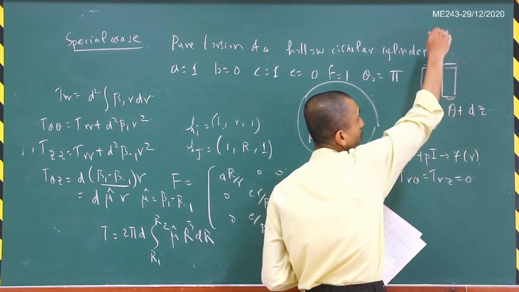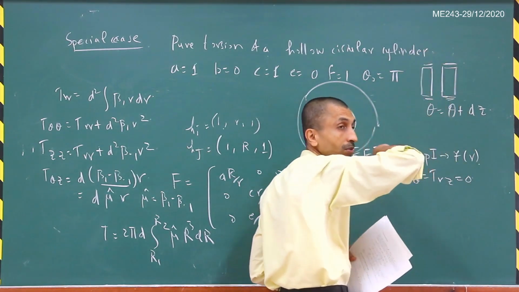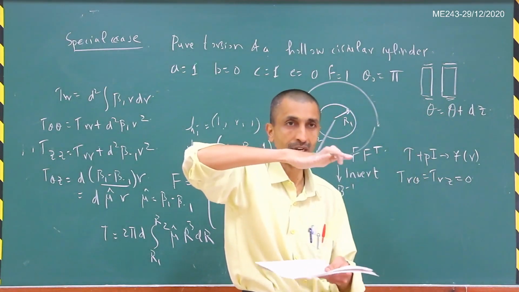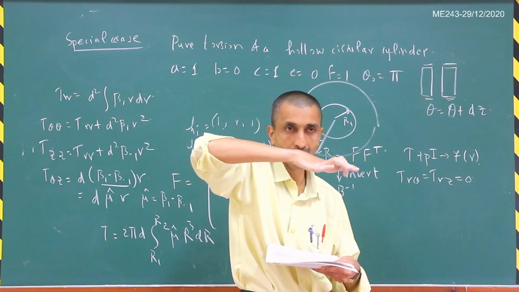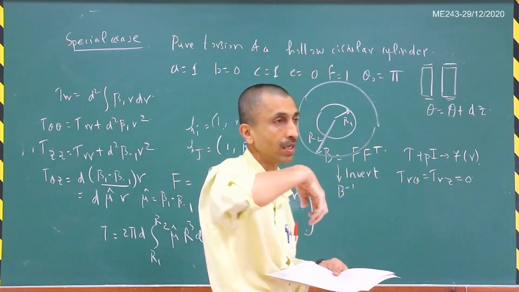You need not apply normal, only tangential tractions on the top and the bottom surfaces. So you have a cylinder, you just apply tangential tractions on the top surface and on the bottom surface, and you can get a twisting.